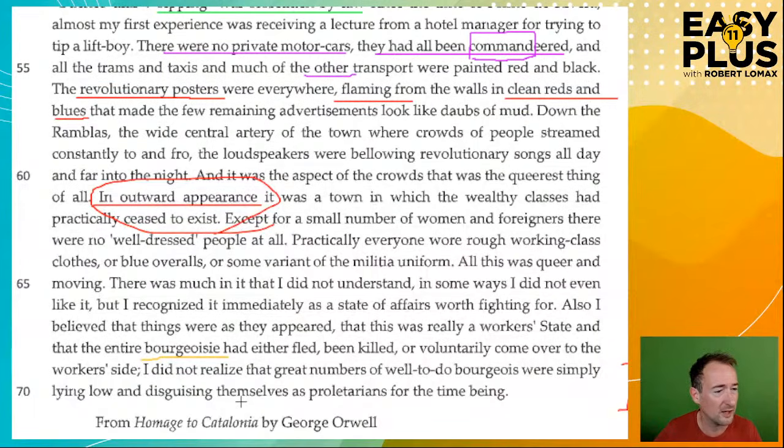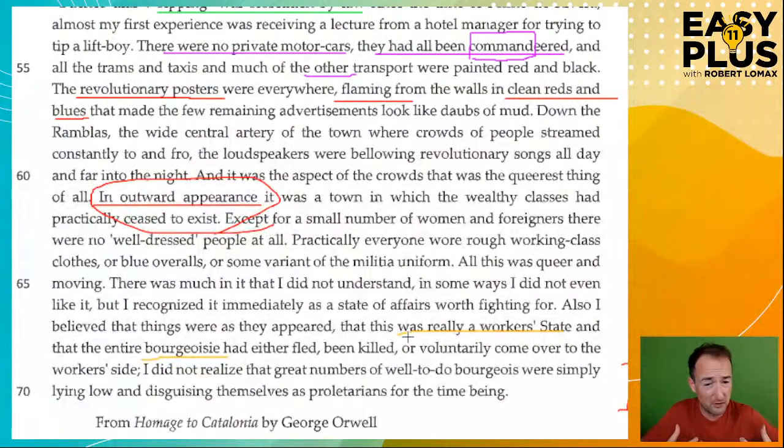Right. The entire bourgeoisie had either fled. Well, let's go back a bit. So this is all about the business of the rich people seeming to have gone, and Orwell's mixed feelings about what's happening here. I believe that this was really a worker state, and the entire bourgeoisie had either fled or been killed or changed or come over to the workers' side.